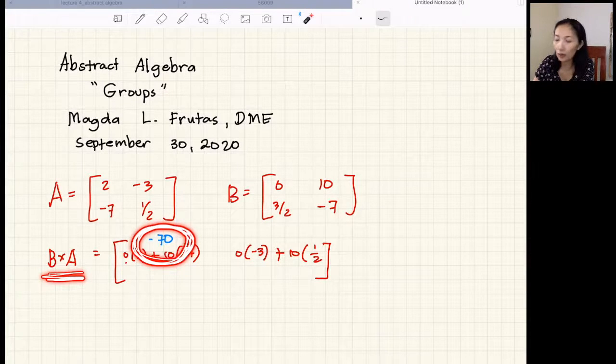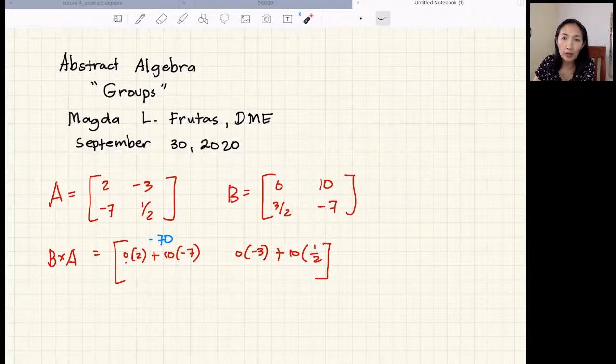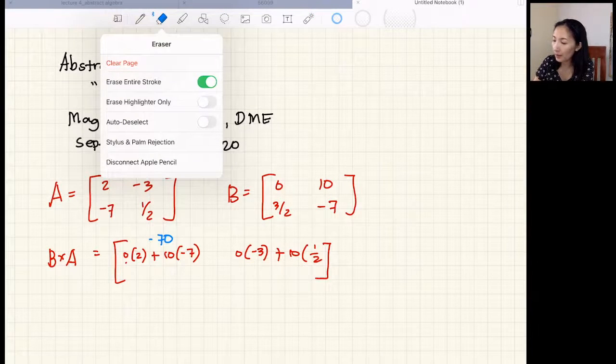So we may not continue. It's not commutative. So please put that in mind. A times B is not equal to B times A.